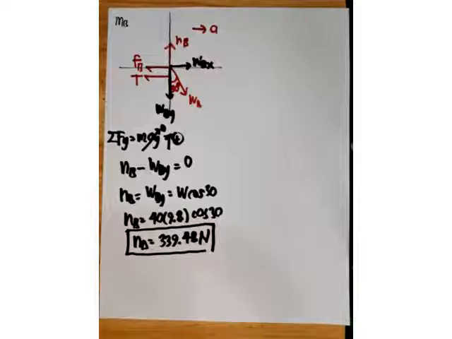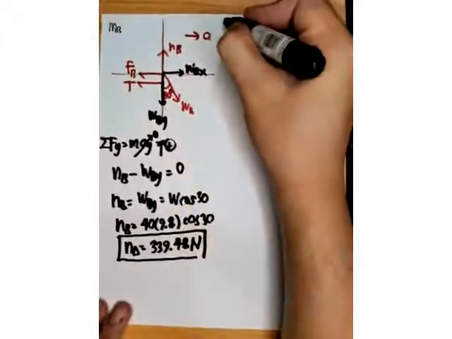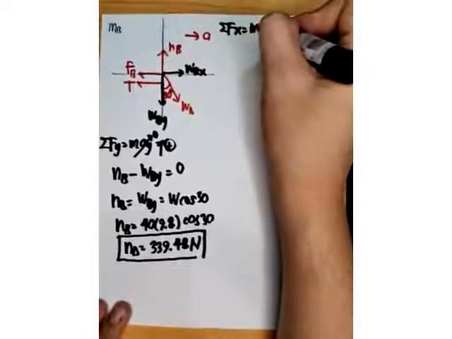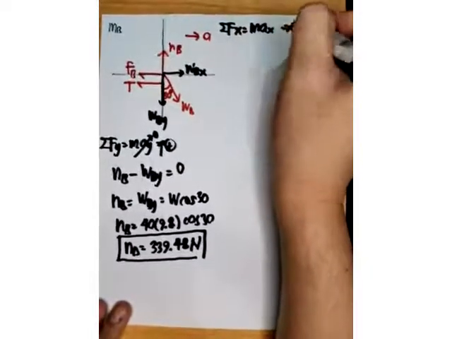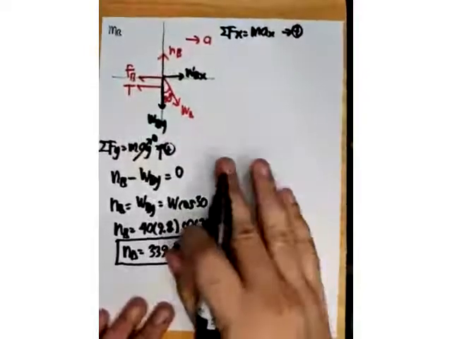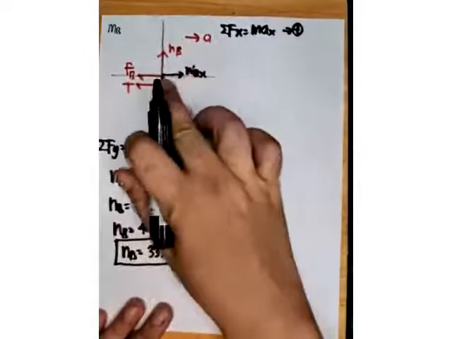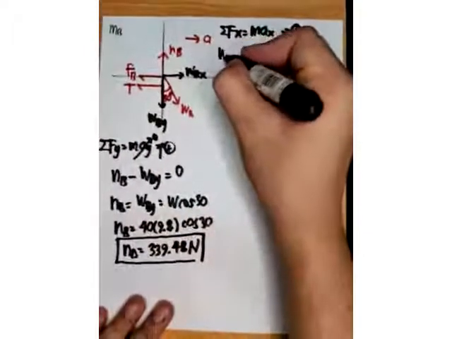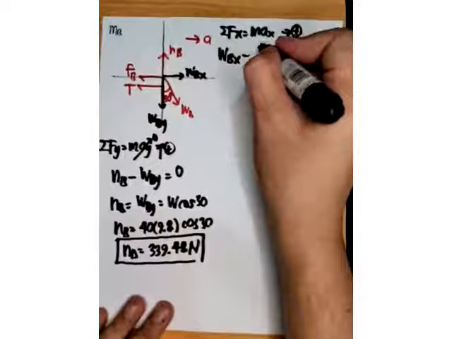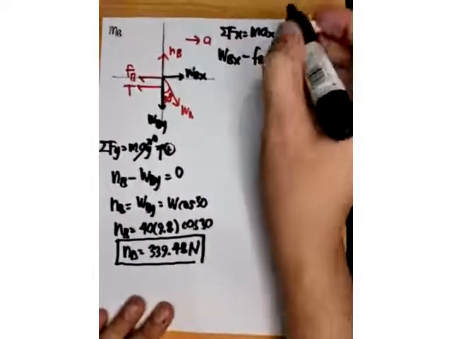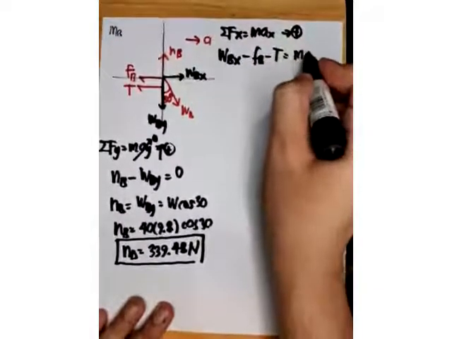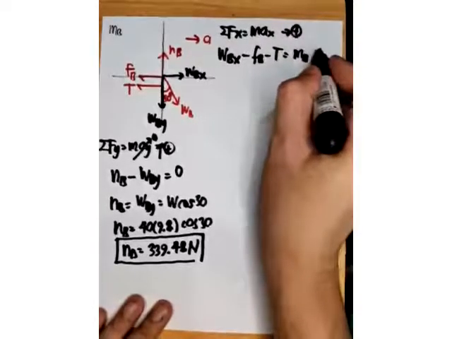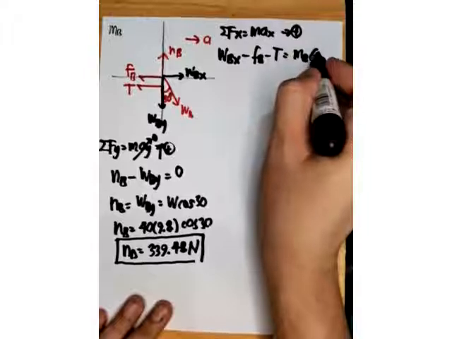Okay, next. So let's proceed to the summation of forces along x is equal to m ax. Pakanan ay positive. So what are the forces along x? So wala na yung dalawang y. So focus tayo sa x. So yun yung WBx minus f of B minus T is equal to mB times positive a.